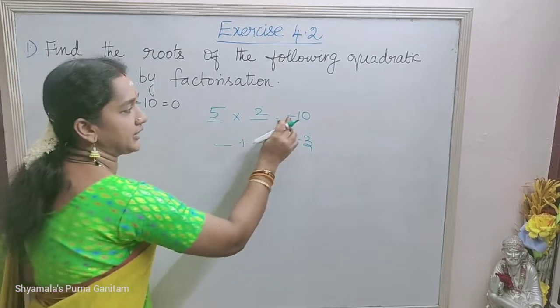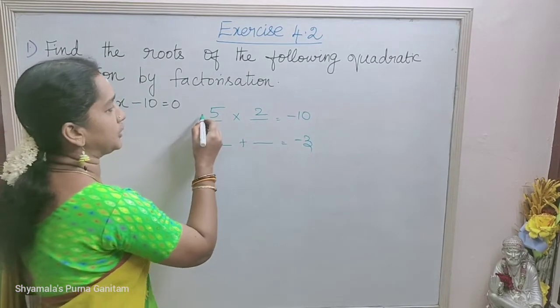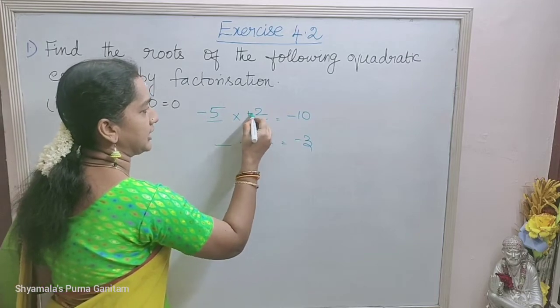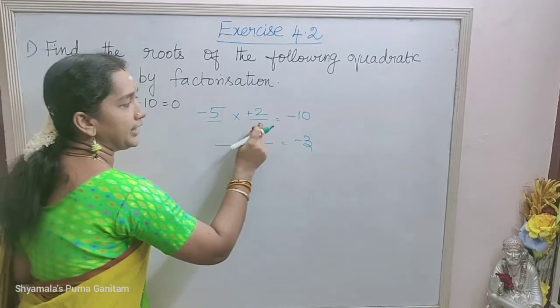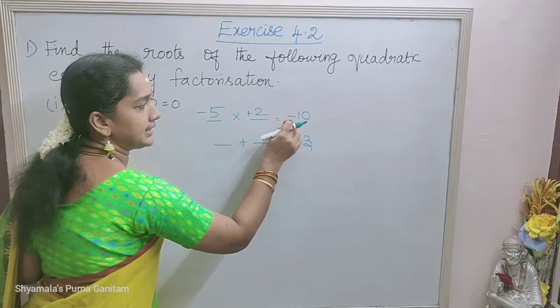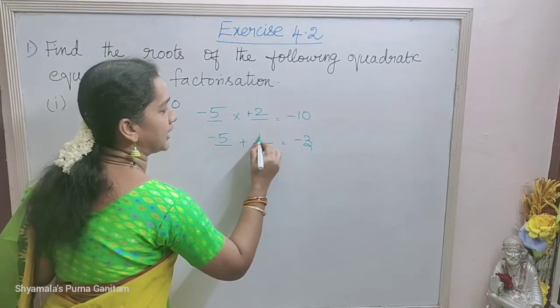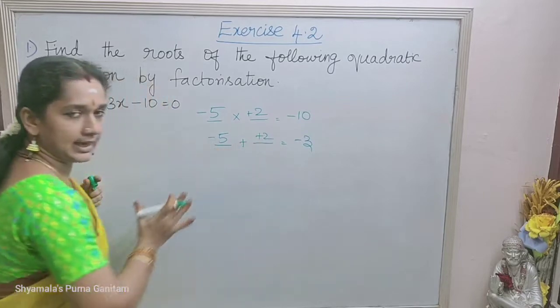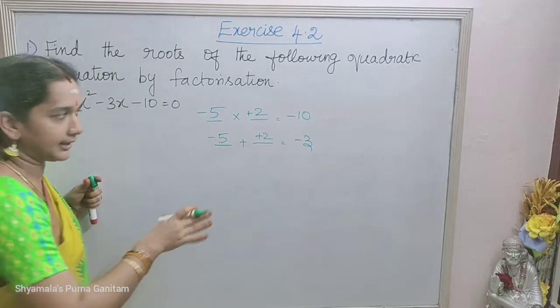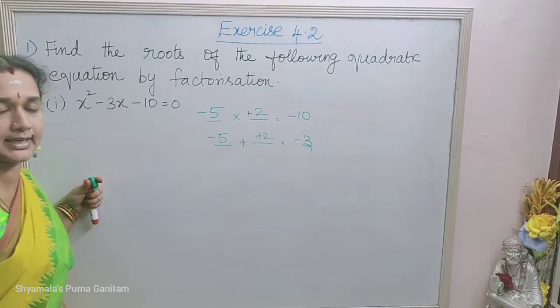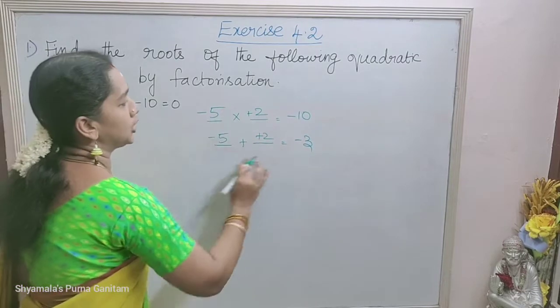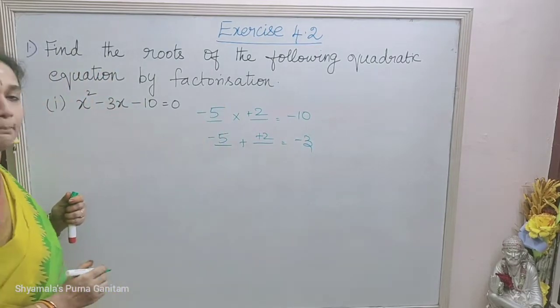But here a negative sign is there, so accordingly you have to put the sign. The bigger number, 5, gets the minus sign, because with unlike signs you subtract and put the bigger number's sign. So minus 5 and plus 2 give minus 3. The two numbers are minus 5 and plus 2.